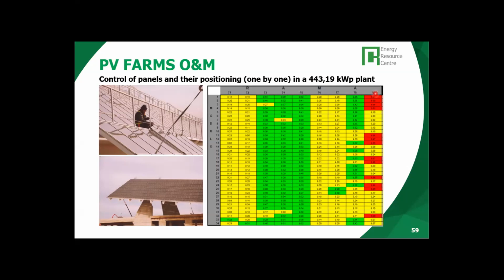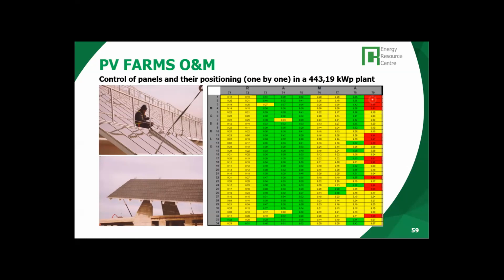You can see the red color is the panels that have low power. This represents, I'm sorry, a total of 14 panels, 14 out of about 2,600 panels. It's 0.5%.